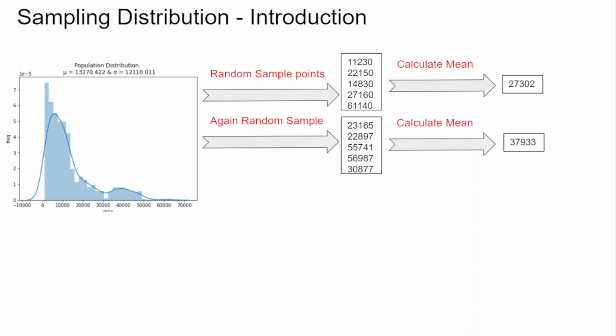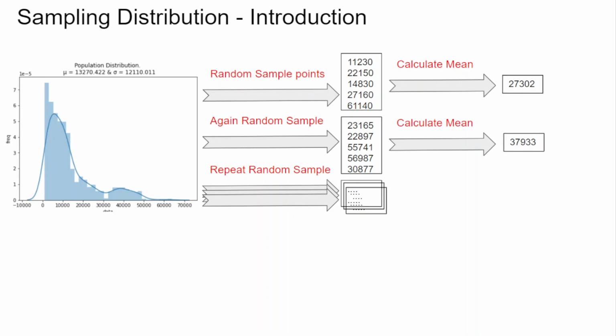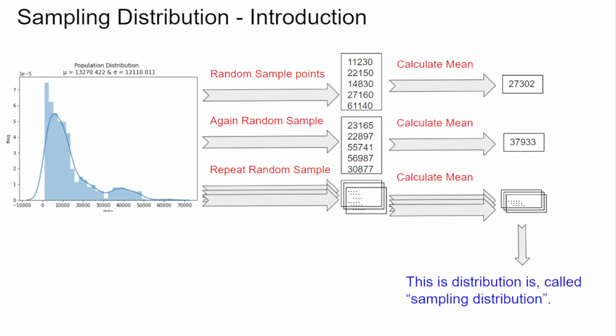Great. And I'm going to continue this process again and again, where I get many randomly sampled points and I calculate many means. This process of sampling is done to build a sampling distribution. And the distribution of these means is called the sampling distribution.